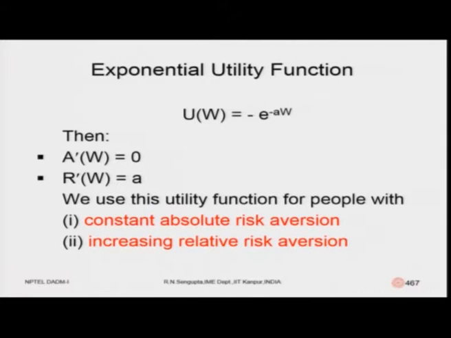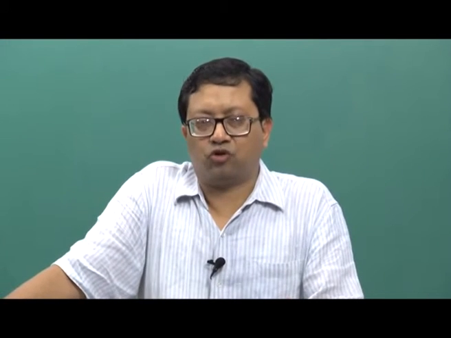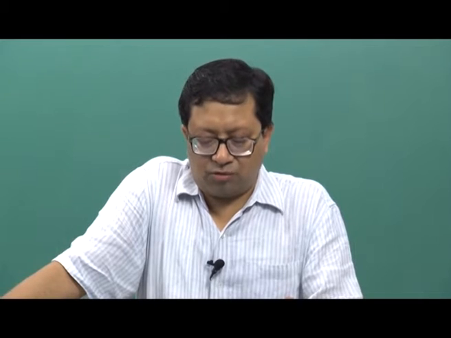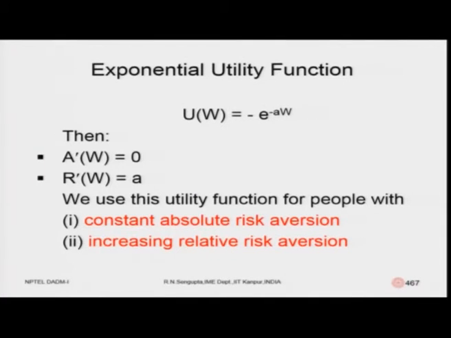You can find out the derivative of A and derivative of R. So, these values come out to be, for this exponential utility function, 0 and A. So, 0 means that it has a constant absolute risk aversion property, and R prime value being A, it means it has a positive value, which is increasing relative risk aversion property.